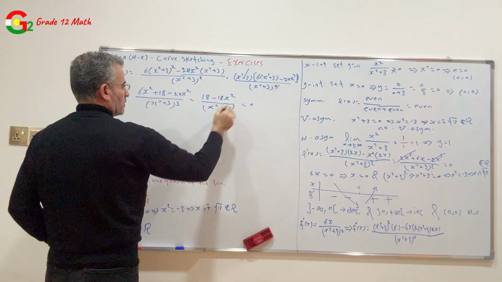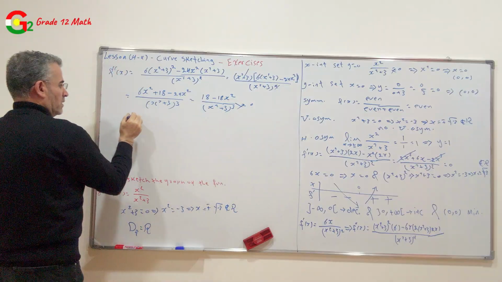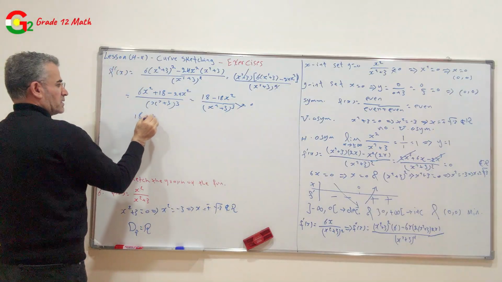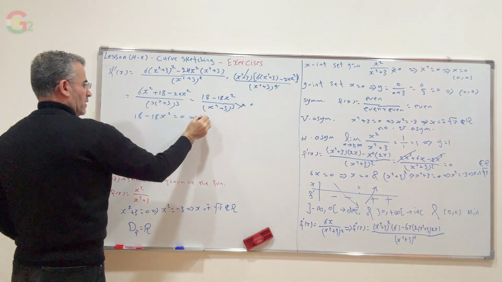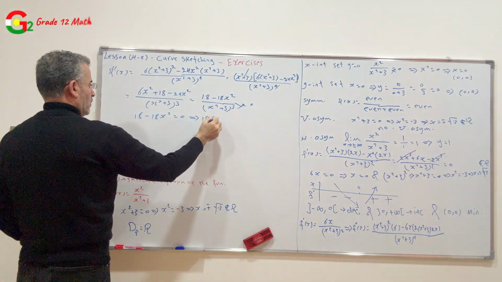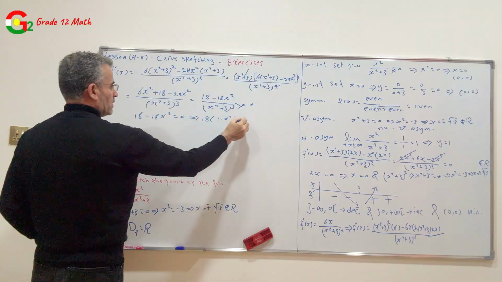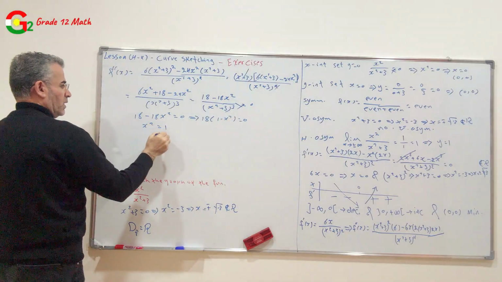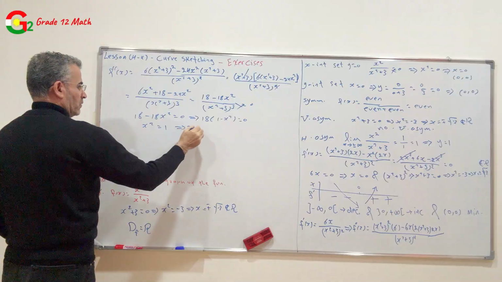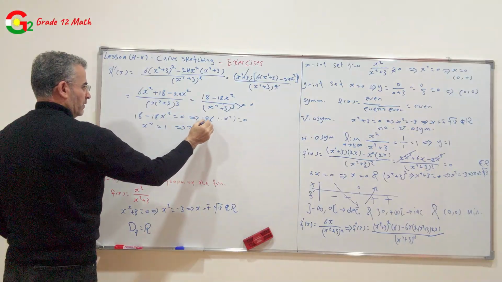Set it equal to 0, cross multiplication, then 18 minus 18x^2 equals 0, factorize by 18, 1 minus x^2 equals 0, then x^2 equals 1, then x equals plus or minus 1.